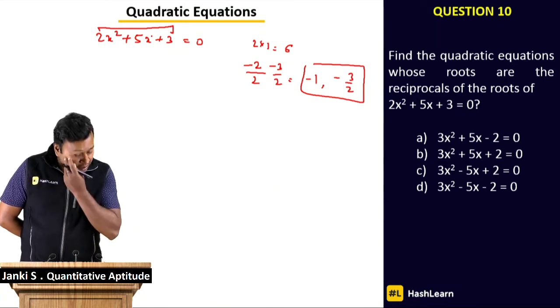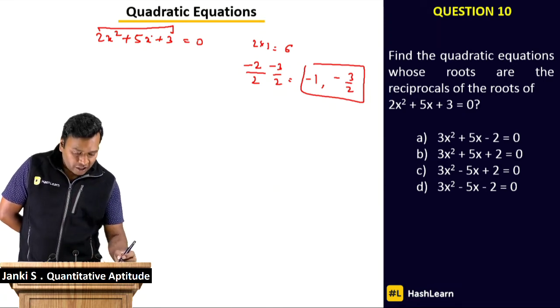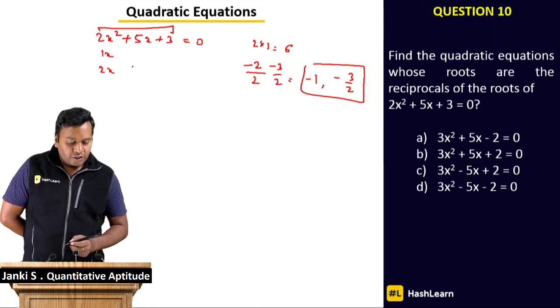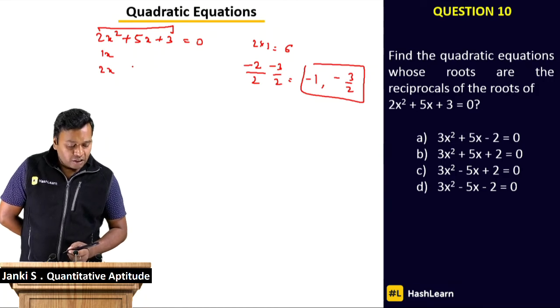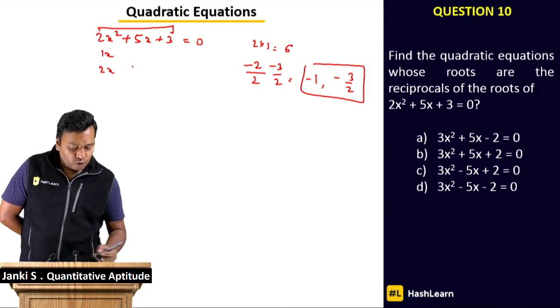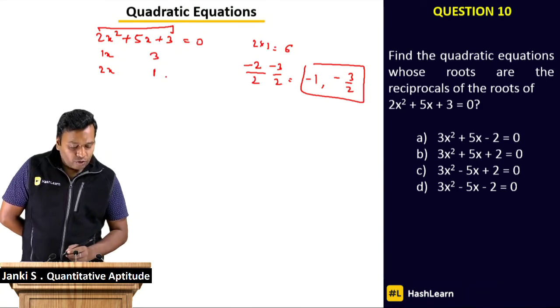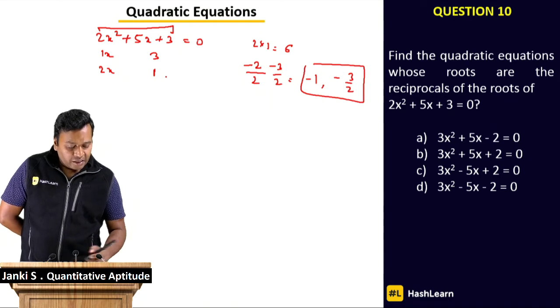That satisfies the condition. Or else the other method we saw, it can be written as 1x, 2x, right? For 3, what are the possibilities? The possibility for 3 is 3 into 1, right? So I'll take the value as 3 here, 1 here. We have to take values such that I'll get the summation as 5, right?